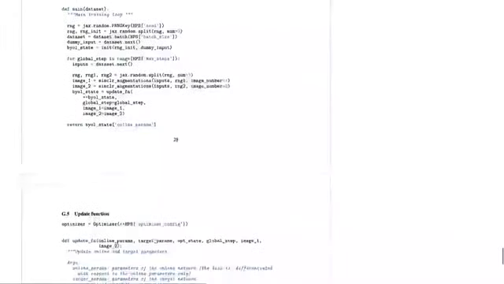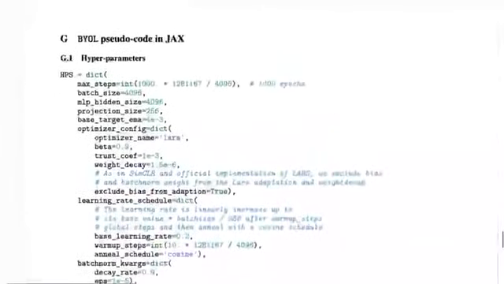So, I mean, there are reasons why you sometimes want to release pseudocode, and that's if an algorithm is so high level and so simple and so modular to be fleshed out that it makes more sense. But here it's pseudocode in JAX, and I mean, come on.